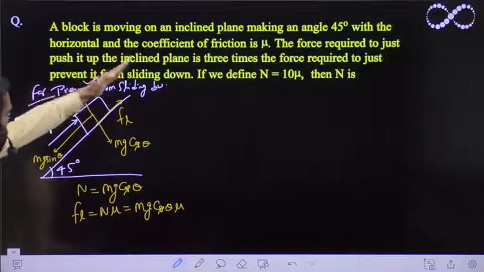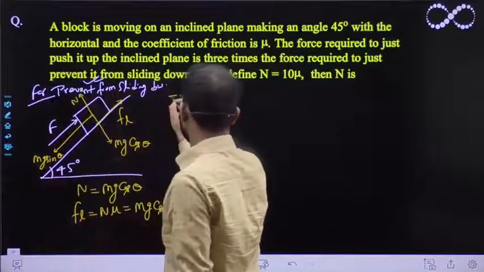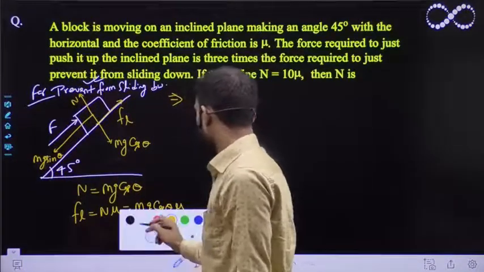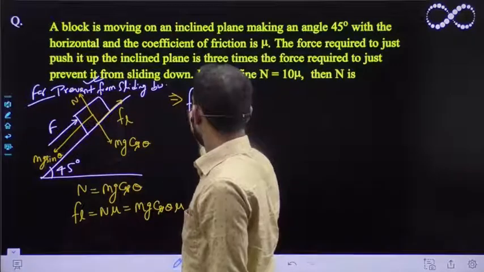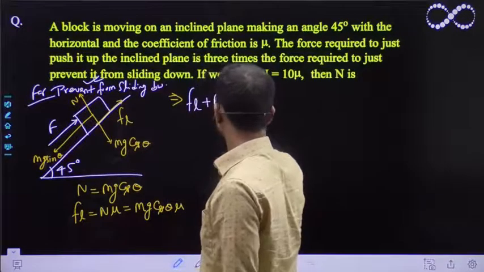The block is at rest, so all the forces along the inclined plane must be balanced. So FL plus capital F must be equal to mg sin theta.